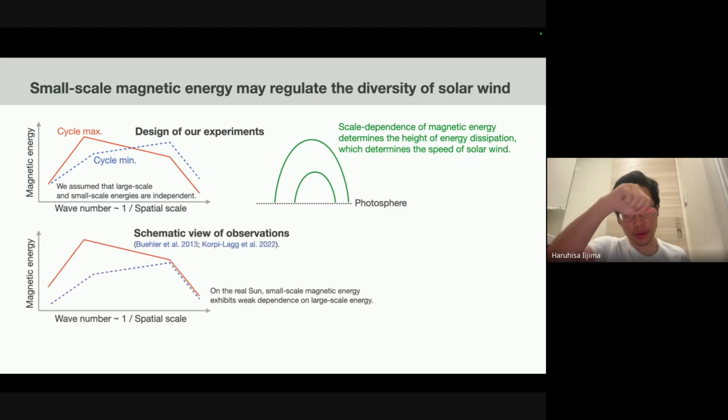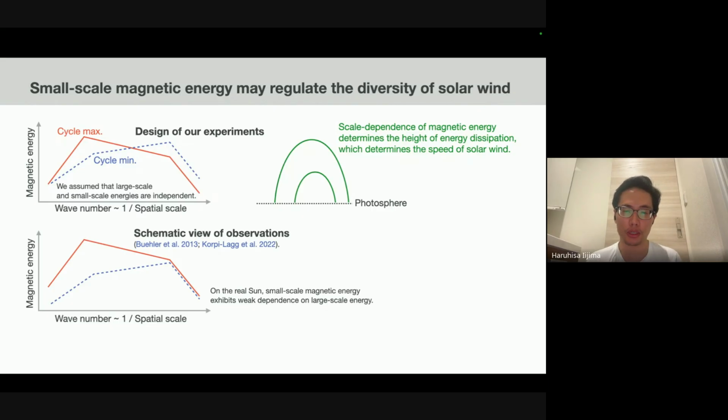But in reality, observationally, it is not. Observationally, the large-scale magnetic energy varies in time, typically on 11-year time scales. But in shorter spatial scales, the magnetic energy is rather uniform, especially in the internetwork scale.